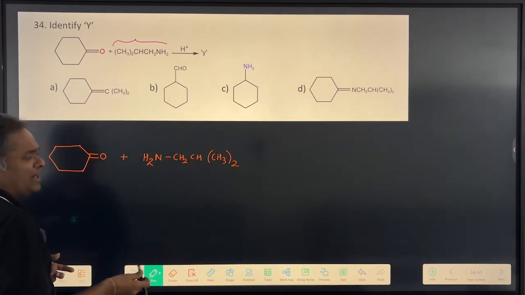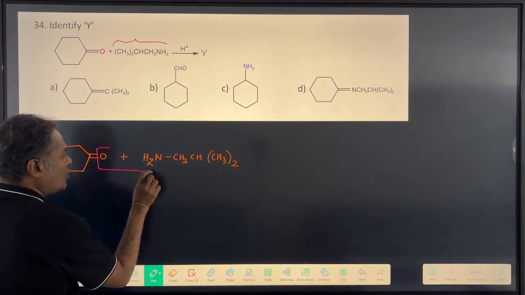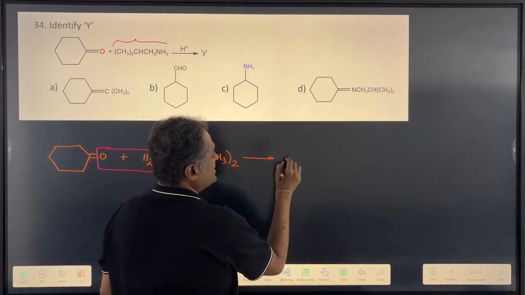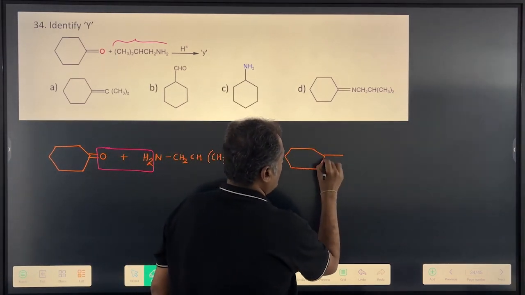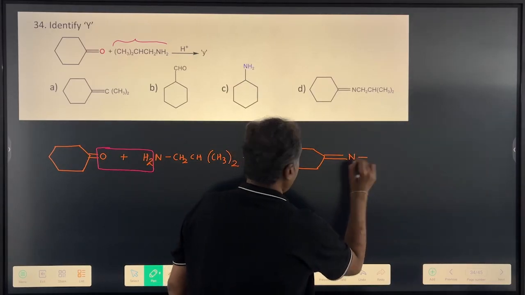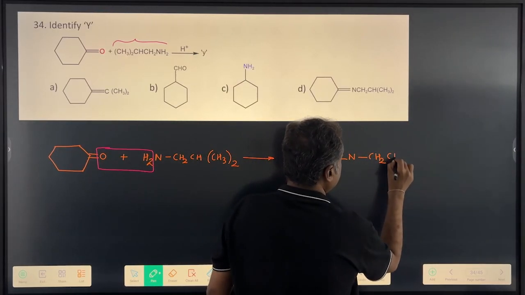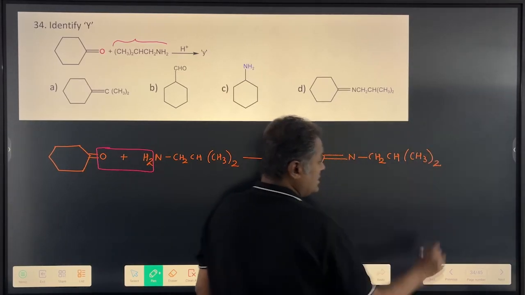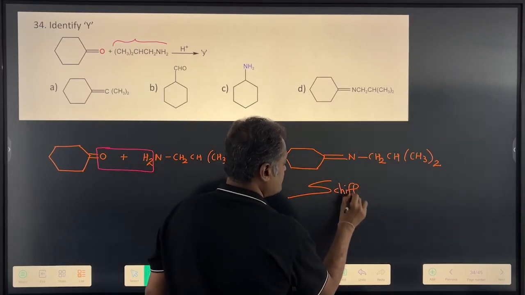Now we know that whenever an aldehyde or ketone reacts with an ammonia derivative, there is a loss of a water molecule, yes, and the product obtained in this case would be a cyclic compound having a double bond, having N, then CH2, then a CH, and then a methyl group 2 times, and the name of the product generally given is Schiff's base.